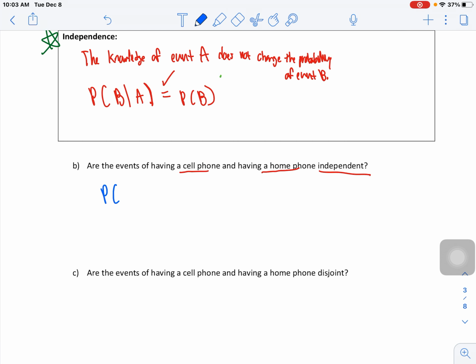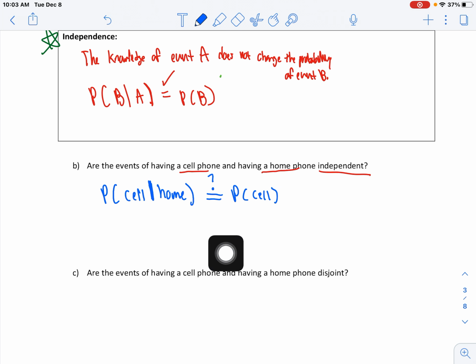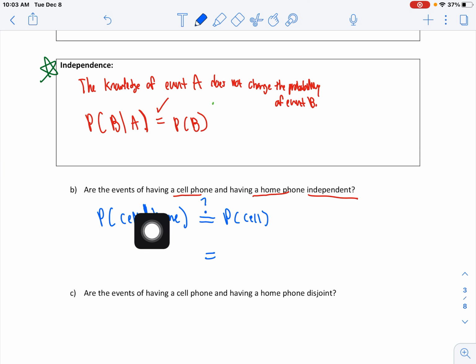So let's say the probability of having a cell phone given that we have a home phone, is this the same, I'm just using this independence formula, as the probability of just having a cell phone? All right, and we can just take these from our picture. This one we actually already did.